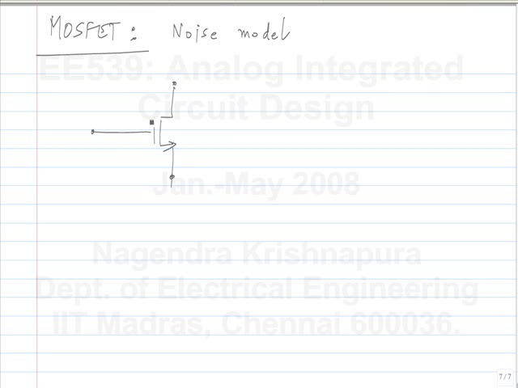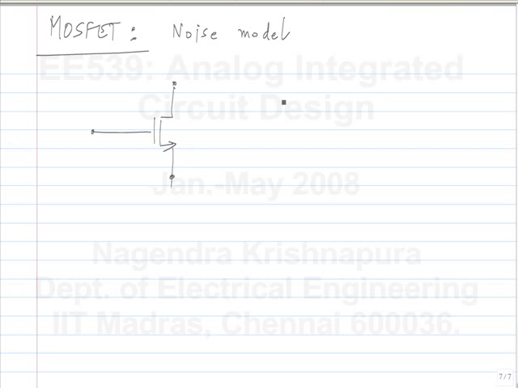So this is the MOSFET. Where do you think the noise appears in the MOSFET? The channel. So is there some region of the MOSFET for which you can give me the noise model? Resistive region.